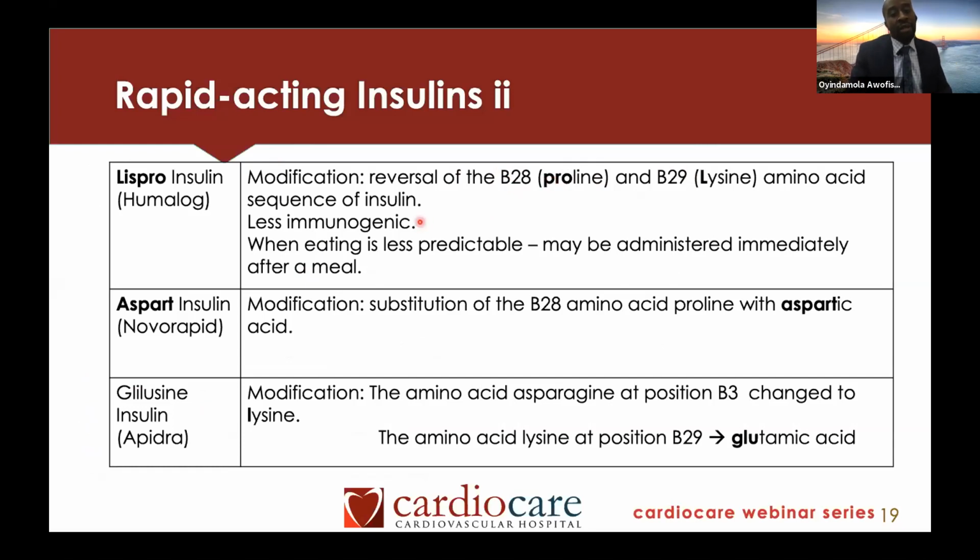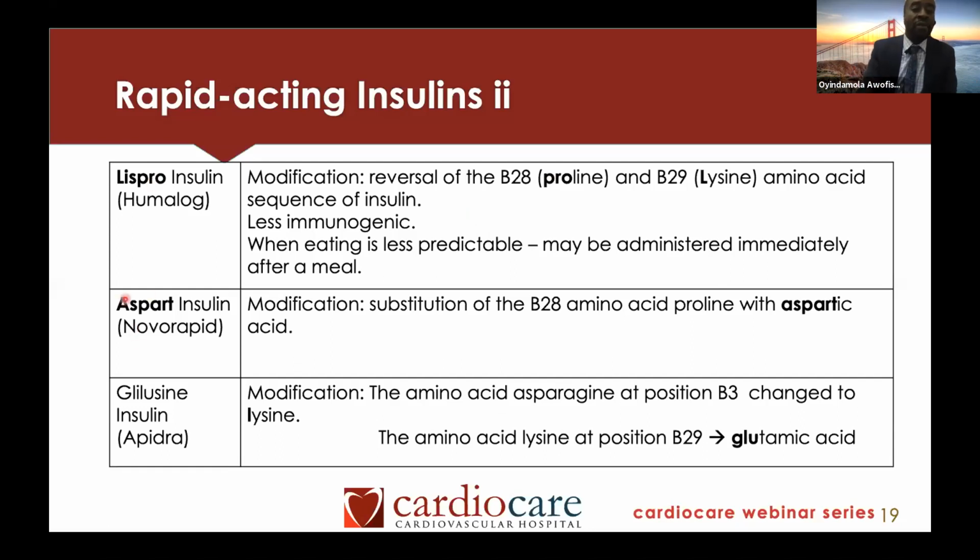Of course, the insulin analogs are less immunogenic, okay? But in addition, because they act very fast and for a briefer period of time, in people in which feeding is less predictable, it can be given immediately after food instead of before food, even though ideally the rapid-acting insulins, like the soluble insulins, ideally should be before food, okay?